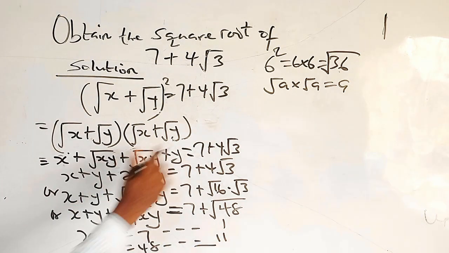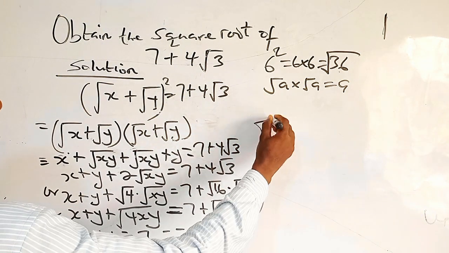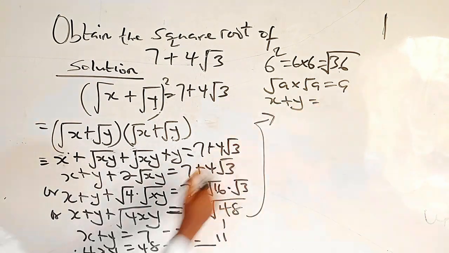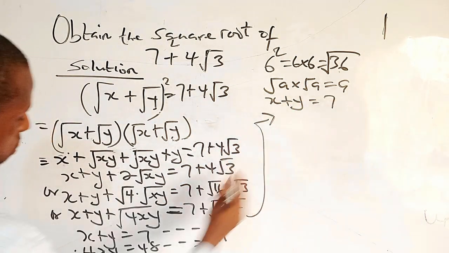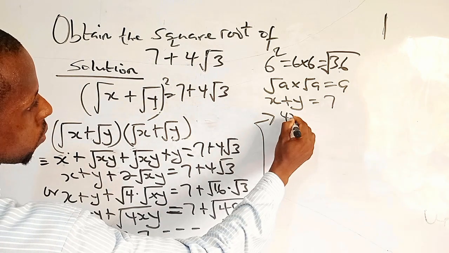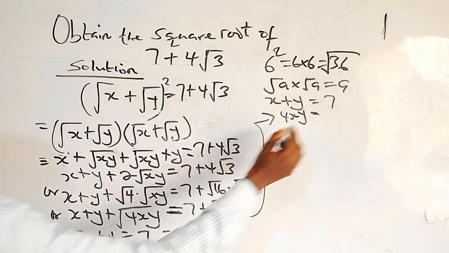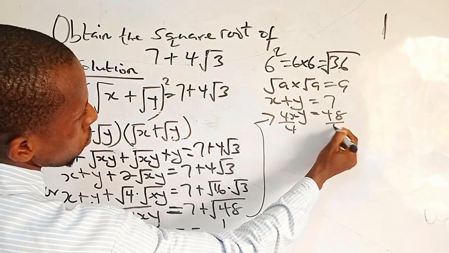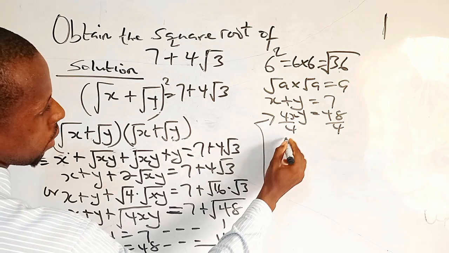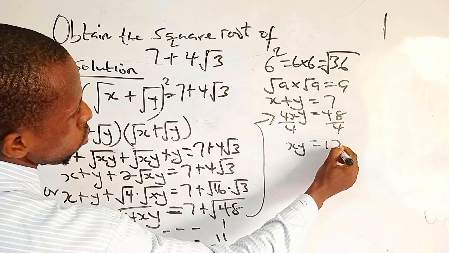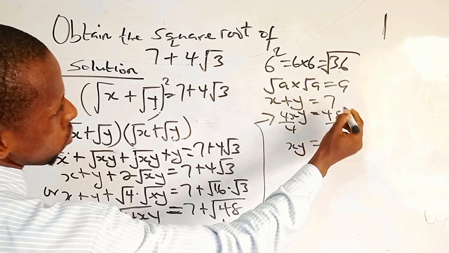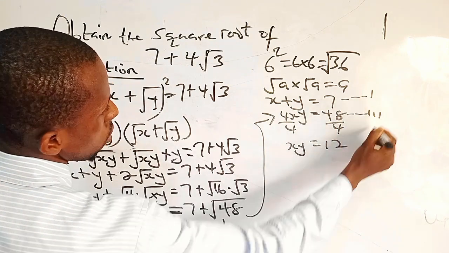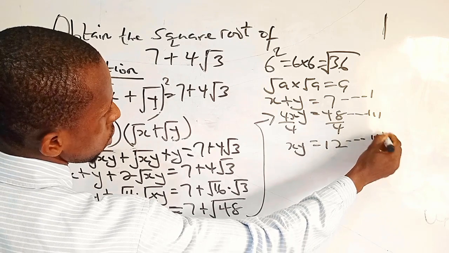From here I have simultaneous equations: x plus y equals 7, and 4xy equals 48. I can divide both sides by 4, so xy equals 12, which is my equation 3.